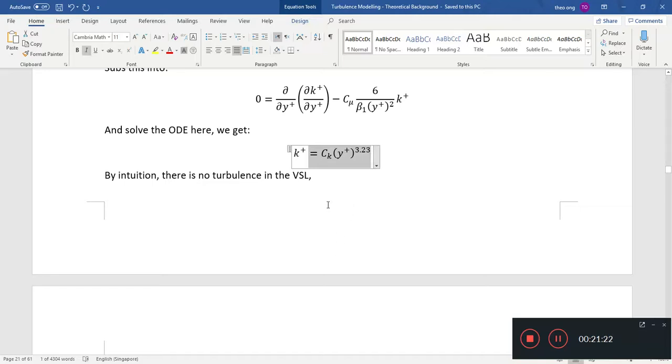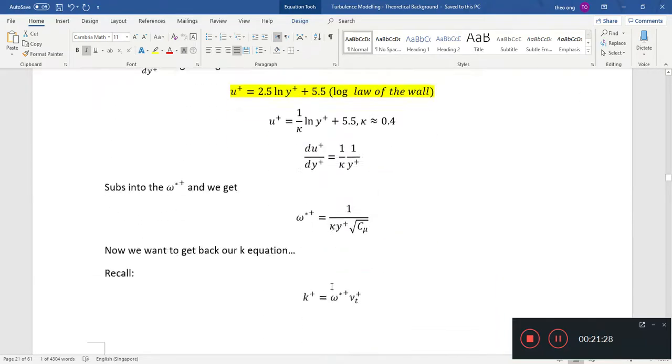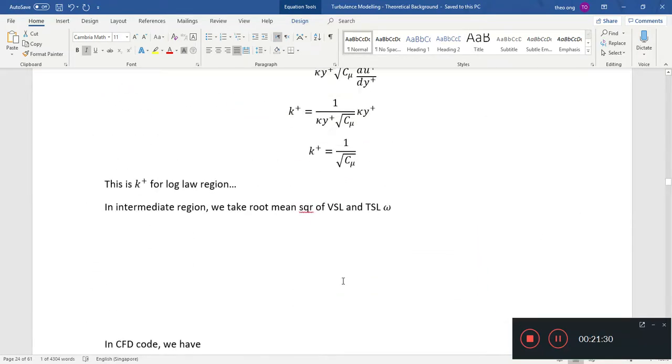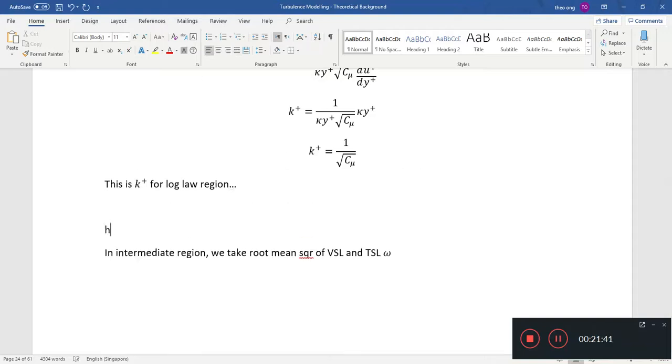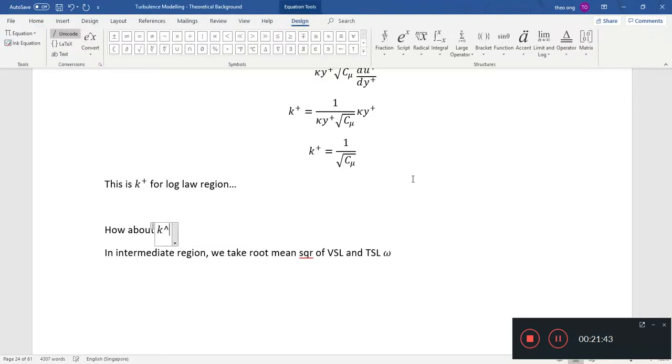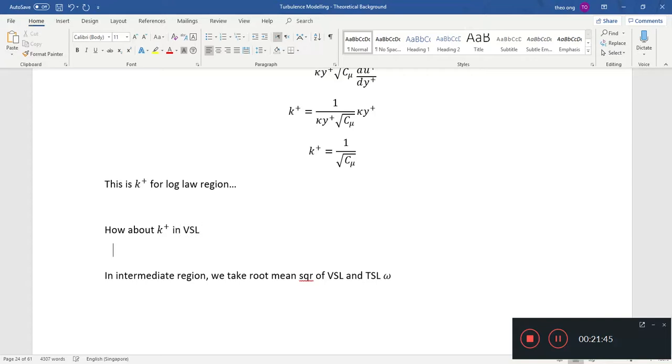Alright, let's do it mathematically then. Let's go back to this question. How about k plus in the viscous sublayer?